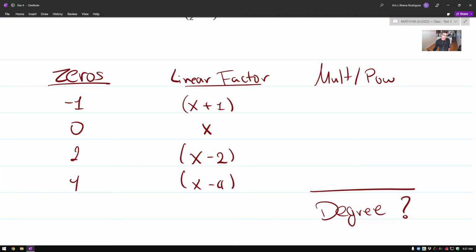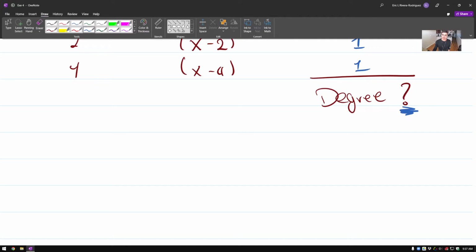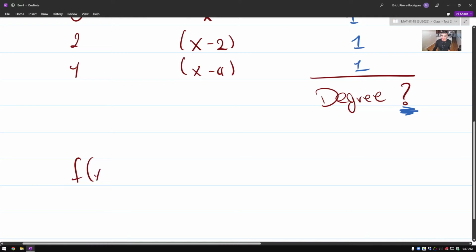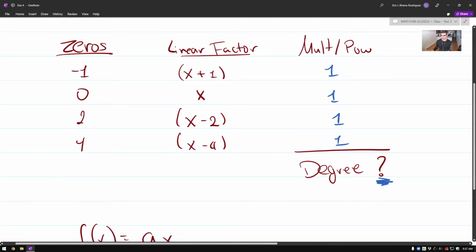But I want to make things simple. If a degree is not given, we are going to make things simple. So the exponent for each linear factor is just going to be 1. We don't need to complicate things. So you just put 1 there, and we are for sure meeting the requirement that this polynomial has these exact zeros.